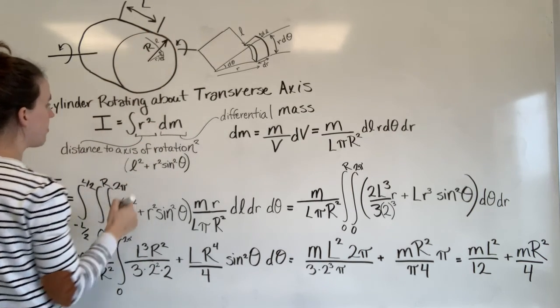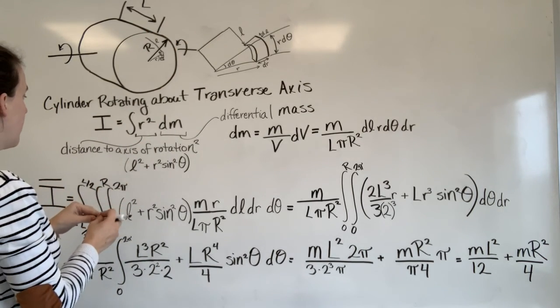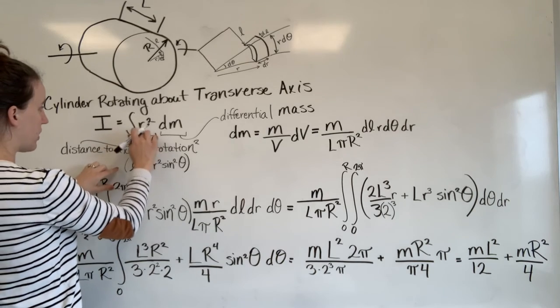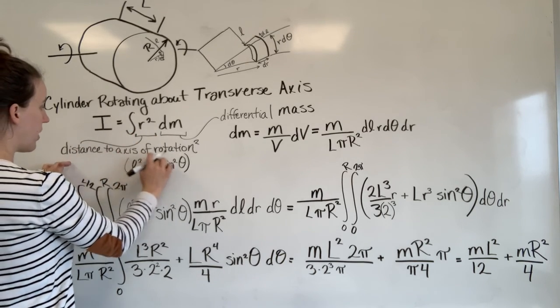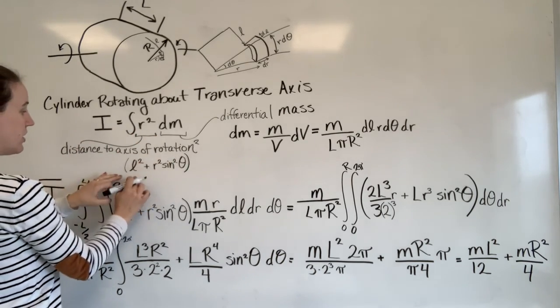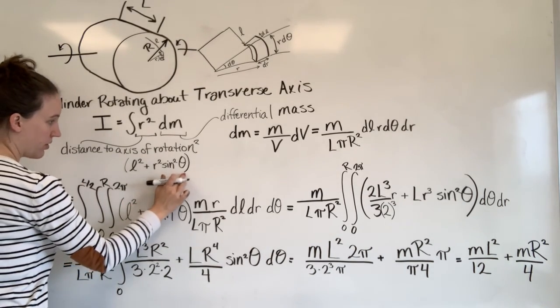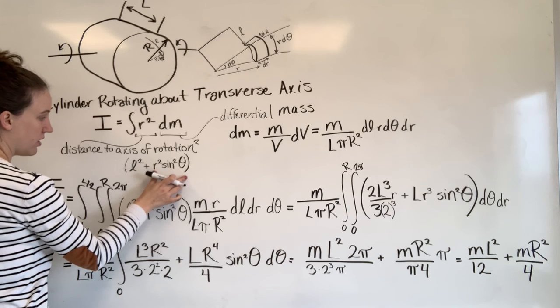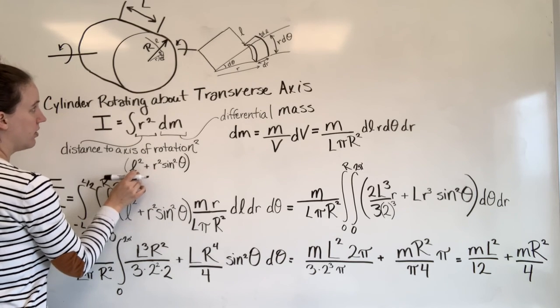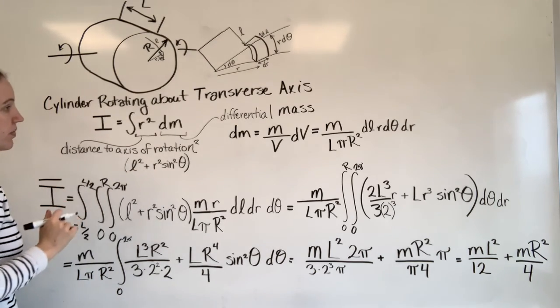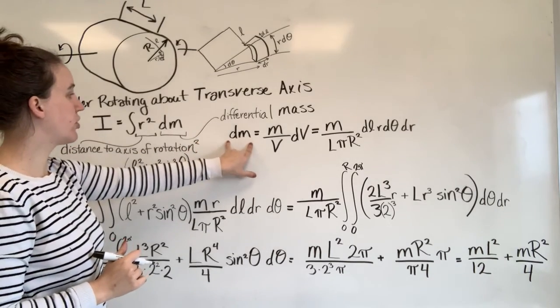Obviously, that's going to have a contribution related to the radius. So the expression for the distance squared from the axis of rotation is going to be L squared plus r squared sine squared theta. So this is our r sine theta squared and our L squared, added together. All right, and now let's find our differential mass.